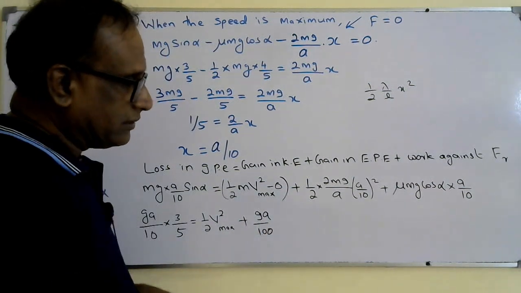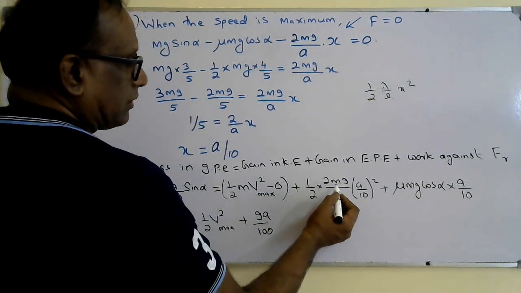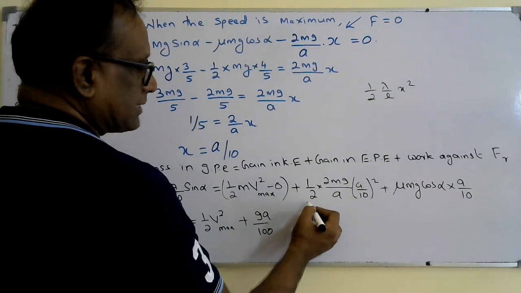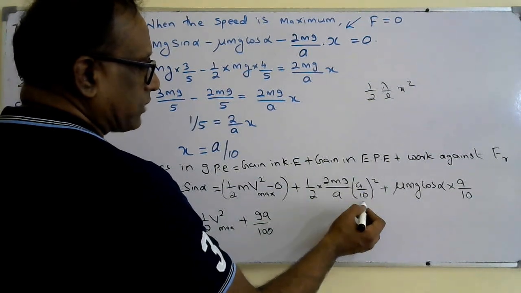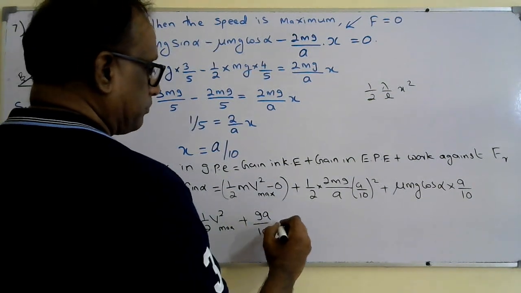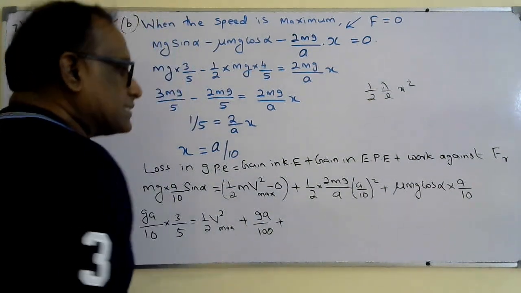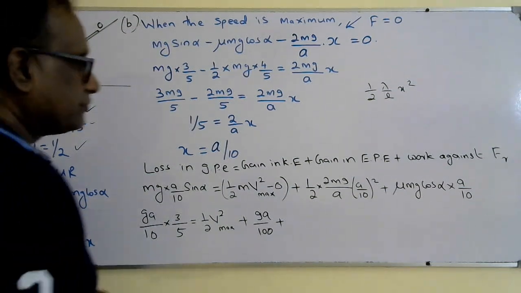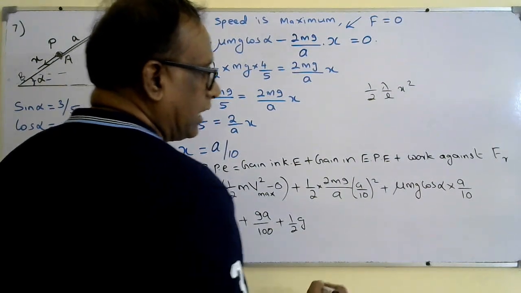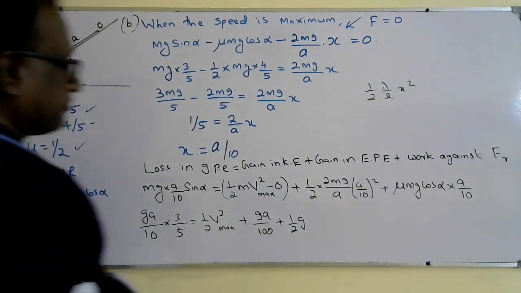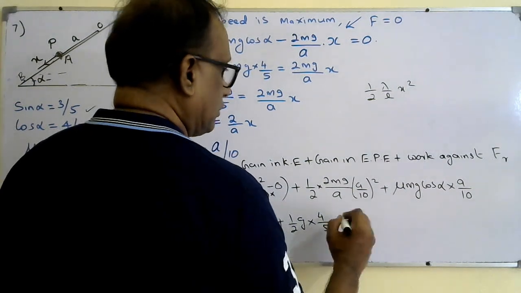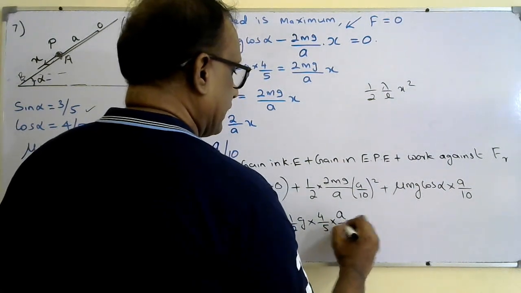I wanted to reduce the number of lines. Plus mu is given as half, g, m got cancelled, g cos alpha 4 by 5, into A by 10.